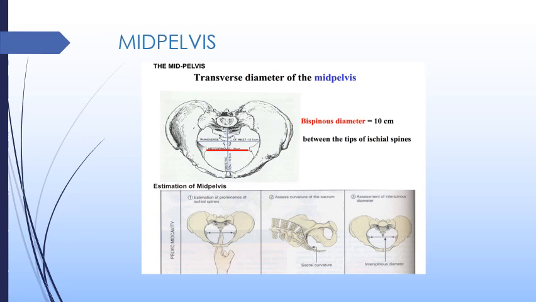A transverse line theoretically connecting the ischial spines divides the mid-pelvis into anterior and posterior portions. Average mid-pelvis measurements are as follows. Transverse, or the interischial spinous diameter, is 10.5 cm. The antero-posterior is 11.5 cm, and the posterior sagittal is 5 cm.